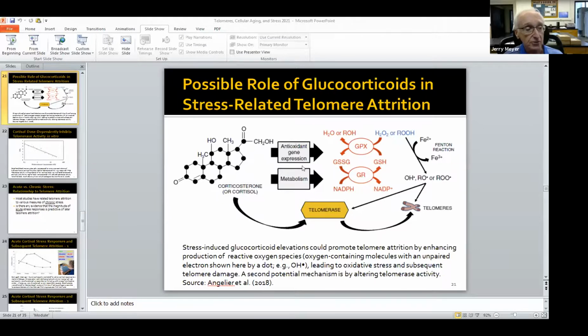So it turns out that certain biochemical pathways that are regulated by glucocorticoids can increase the rate of free radical, oxygen radical formation, thereby increasing oxidative stress, and thereby causing an increase in the rate of telomere attrition. So a second potential mechanism, as shown by this arrow here, is effects of glucocorticoids on telomerase activity.